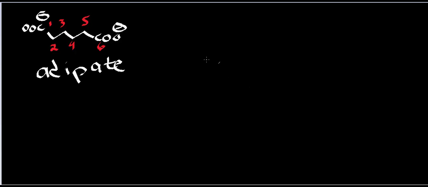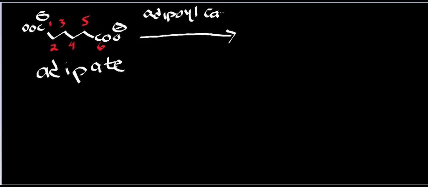Okay. So initially, what's going to happen is you're going to use an enzyme called Adipyl-CoA synthetase. And actually, this enzyme is functionally identical to the fatty acyl-CoA synthetase, except this one is specific for something that has a terminal carboxyl group.